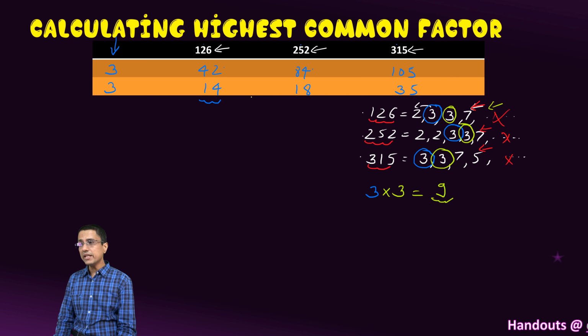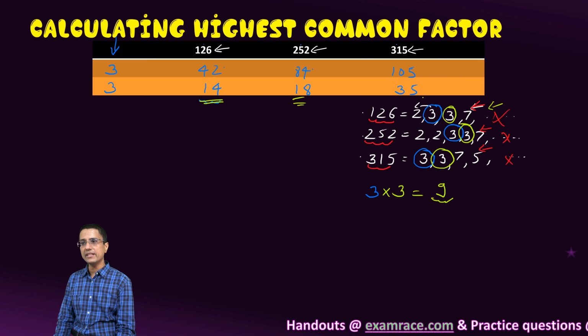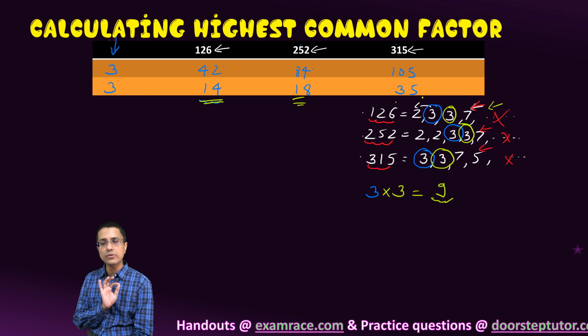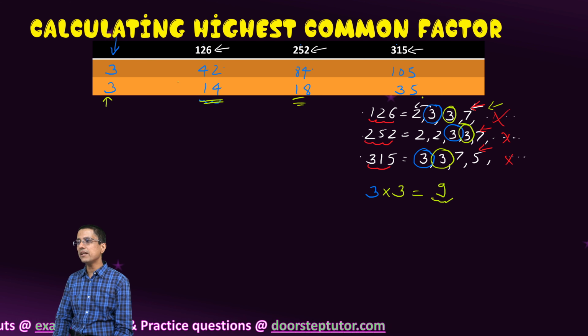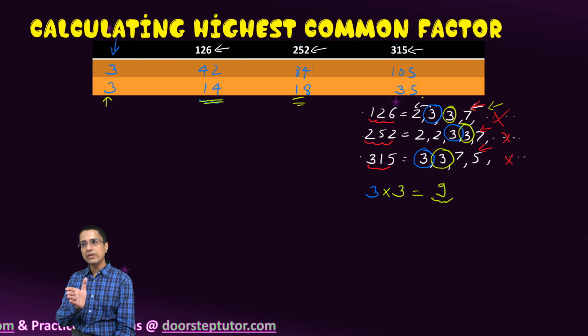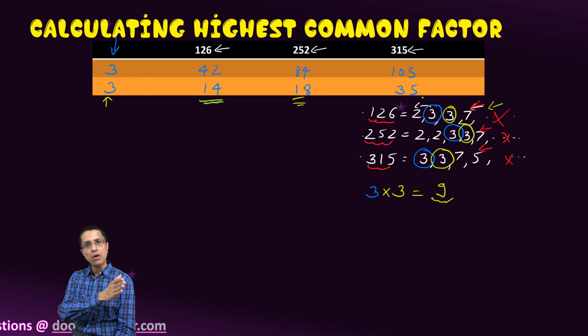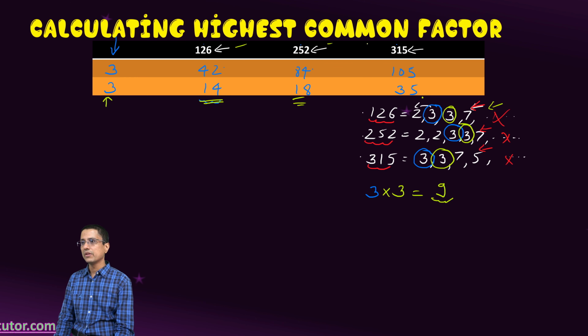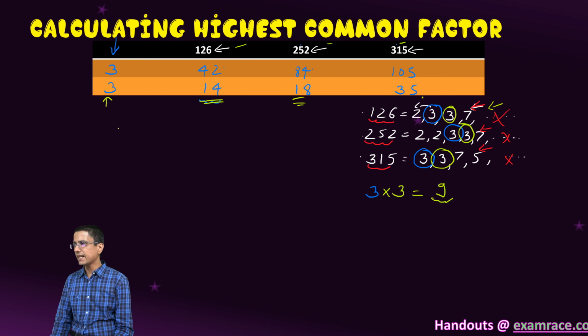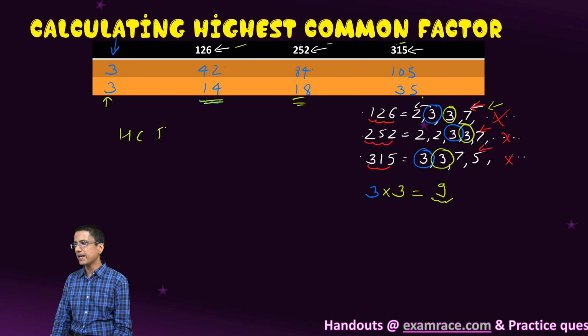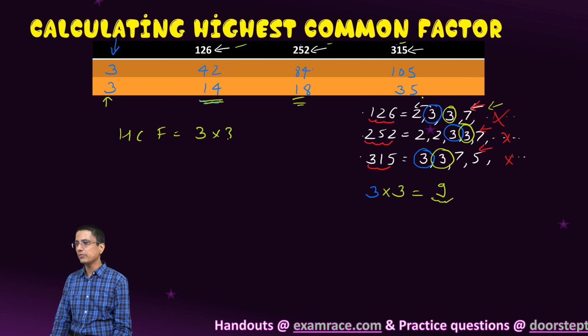Okay, notice that 2 can divide these two numbers, but it would not divide this number, so we don't consider 2 at all. I have to write down a number here which would divide all three. Okay, if there were 4 numbers, then that number has to divide all 4 of these numbers. So now these are my common factors, and I simply multiply them and I say that my HCF is equal to 3 into 3, which is equal to 9.